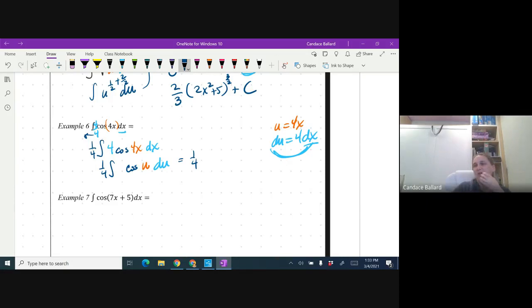What do you guys think? Good job. It is in fact sine. So sine of u plus c. We're going to substitute our u back in. So sine of 4x plus c. Technically, we should put parentheses, but you know us lazy mathematicians, we're probably not going to.